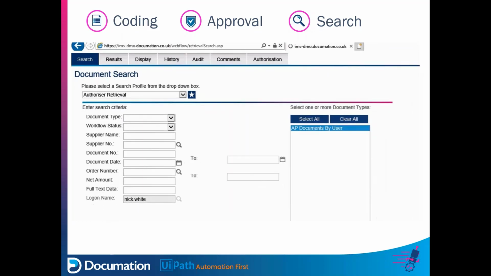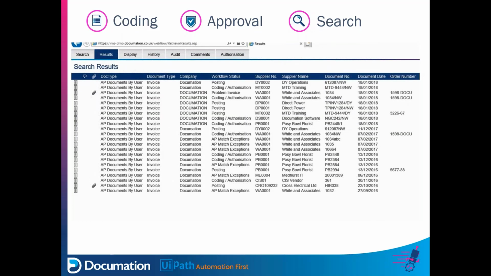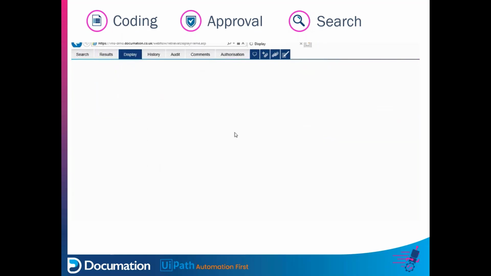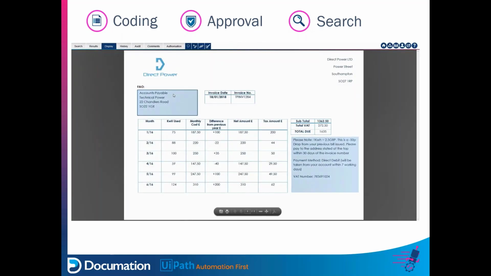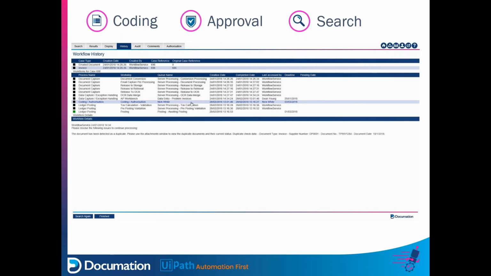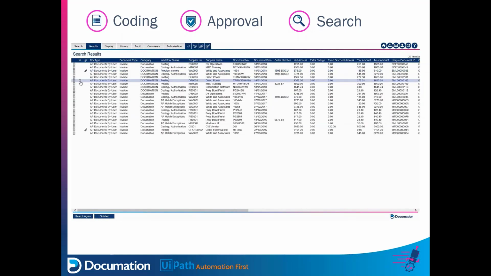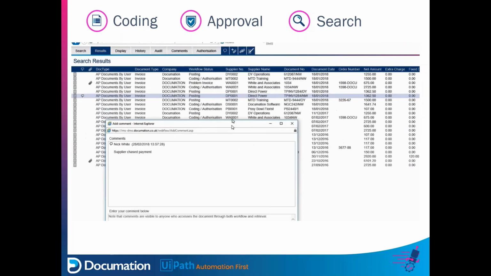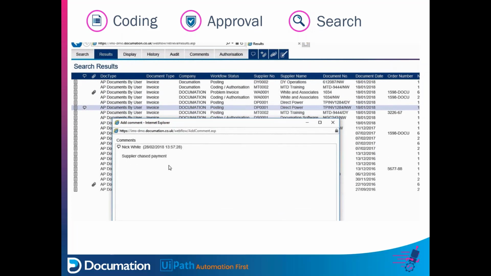Because BPM in particular will provide us a means of retrieving, searching for invoices, be able to view them on the screen, see their history. So here, for example, we're going back to an invoice that has already been posted and paid. We're able to see the invoice and we can see every action that was taken on that invoice throughout its life cycle, whether it was by robots or by humans.